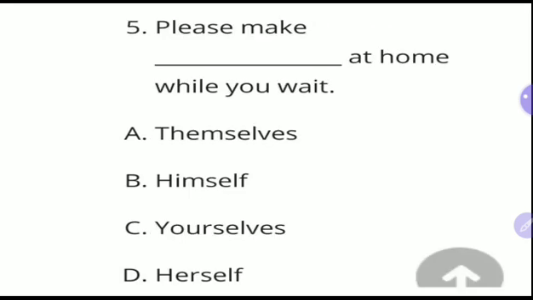Now, next one. Please make at home while you wait. Now, you is already used here. That's why themselves is not possible. Yourselves not possible. Herself not possible because you is not a girl here. Then there is only one option suitable for it.